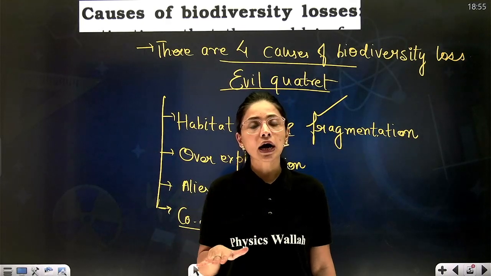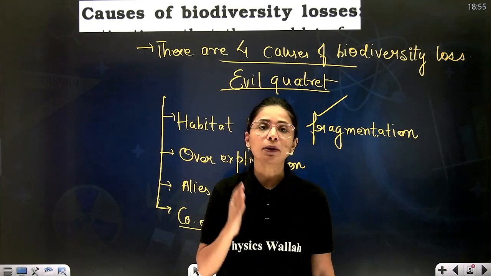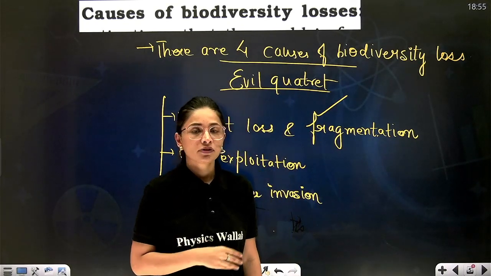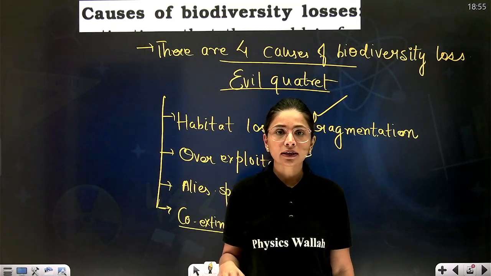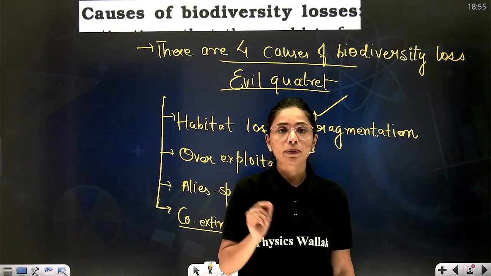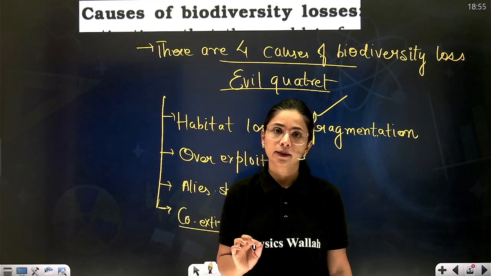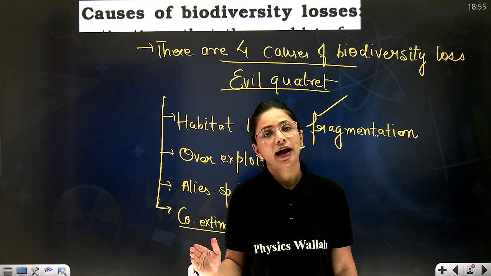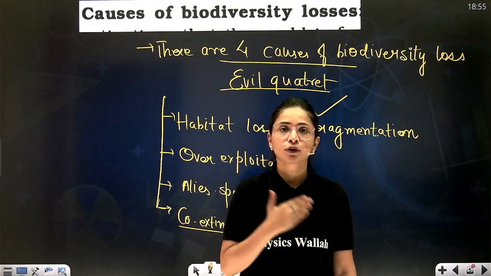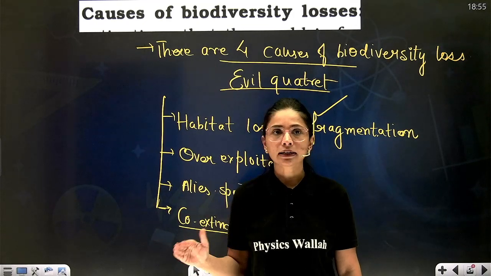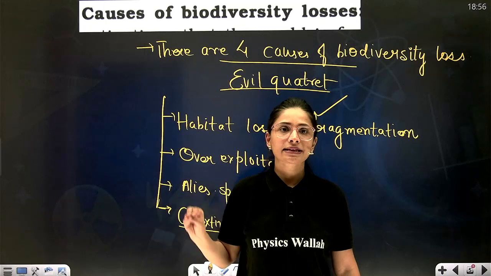But due to our need, of course, we are practicing deforestation, we are killing the trees, we are killing the animals living inside those jungles, and yes, this is one of the major causes for loss of biodiversity, habitat loss and fragmentation. People, for their welfare, for their homes, for their agriculture, are cutting down the trees. There's loss of biodiversity of plants as well as animals.